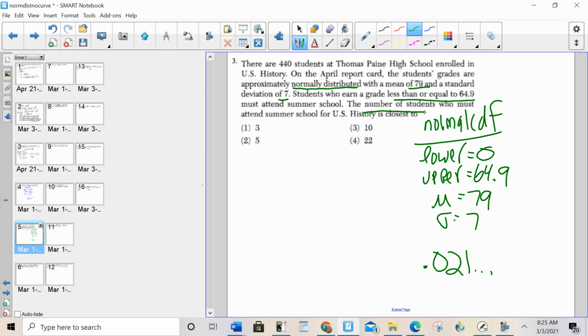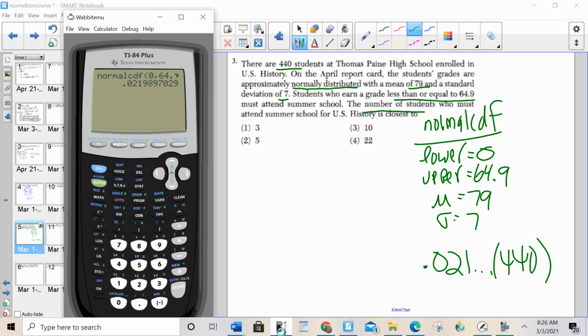What's the total number of students? 440. So I'm going to multiply it by 440. The number of students who must attend summer school for U.S. history is closest to, well, 9.67 is really close to 10.